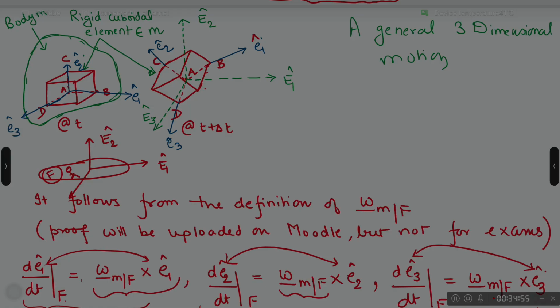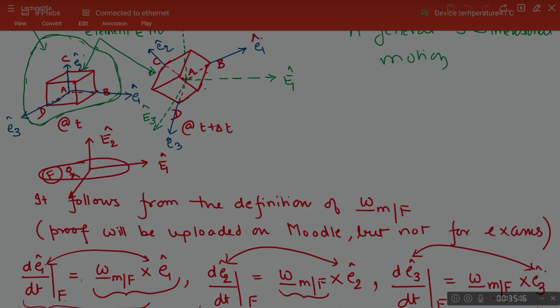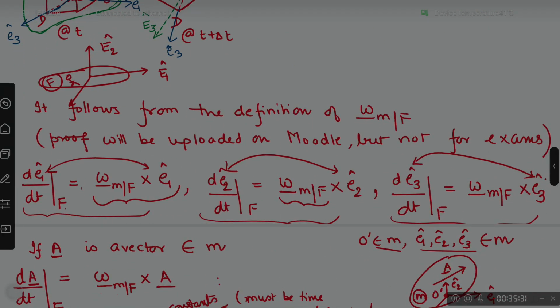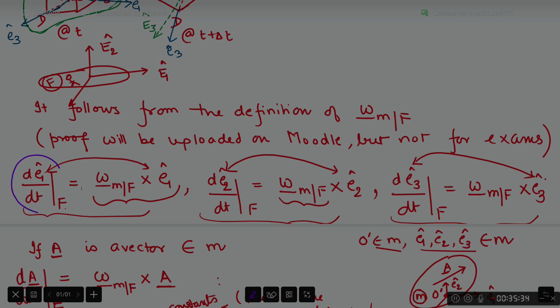And here I want to mention that, following the definition of omega MF that I showed a couple of slides ago, we can prove that the rate of change of the small e1 vector, the body-fixed e1 vector, with respect to F can be expressed as the cross product between the angular velocity vector and e1 itself.